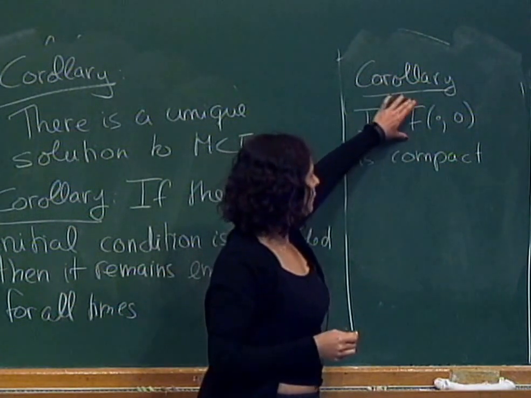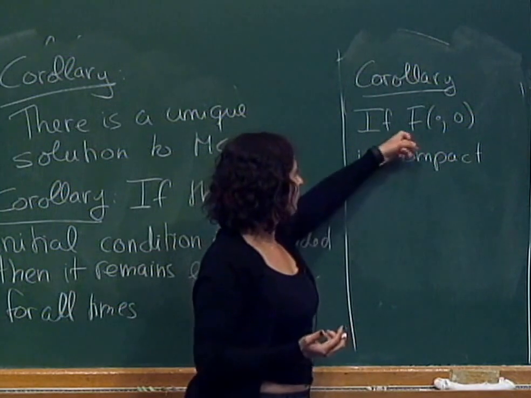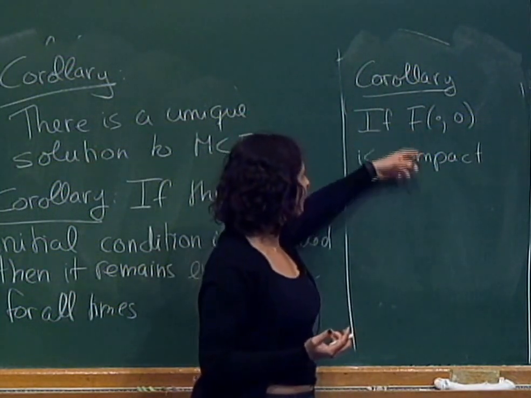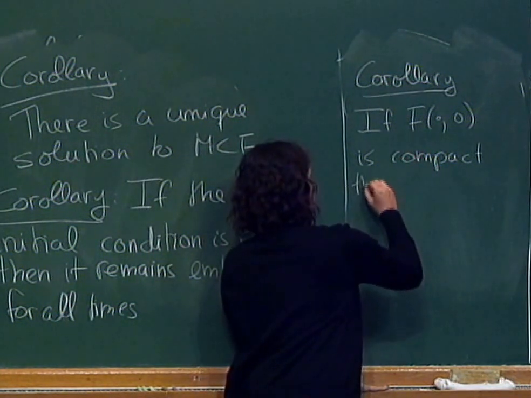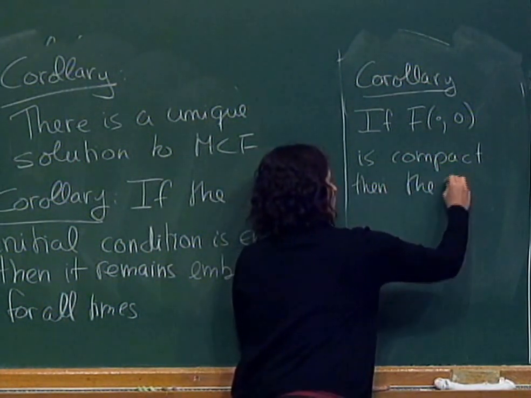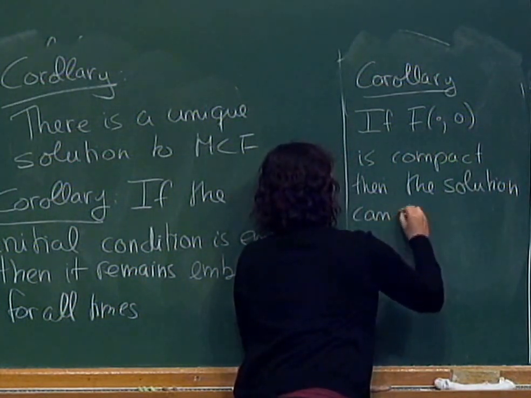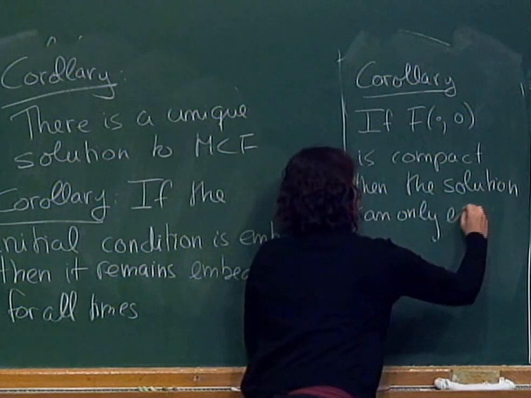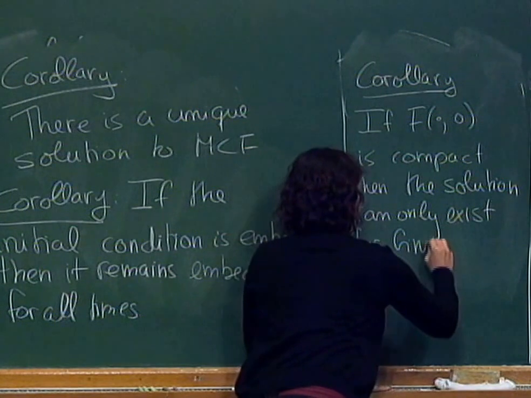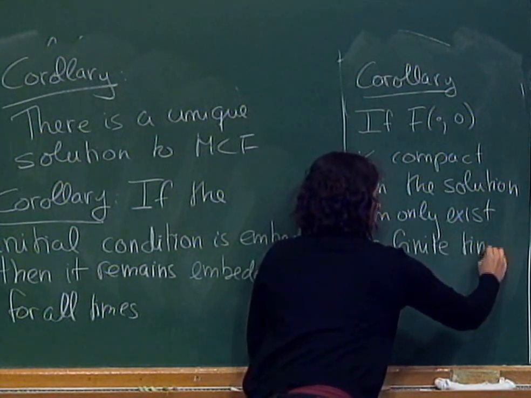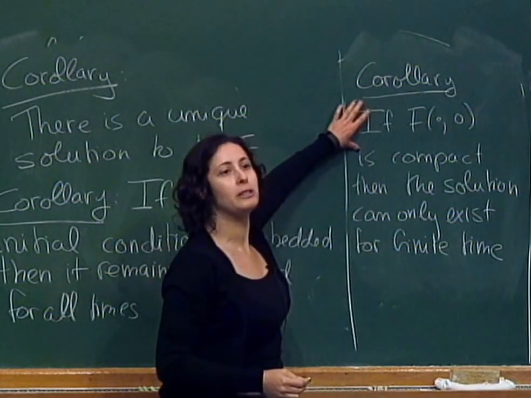So in particular, that means that this can exist at most for the time that the sphere that contains it exists. So it exists for finite time. Another way of phrasing this is that the solution has to develop a singularity in finite time.